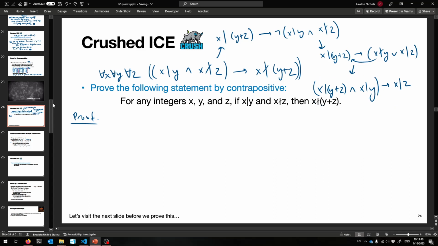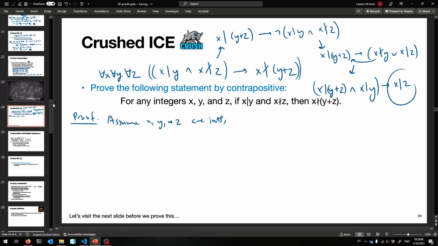Okay? So assume, let's get rid of the quantifiers. Assume x, y, and z are integers, because that's what they quantify over. And then we also assume some other things. We assume these hypotheses, right? Assume that x divides y plus z, and assume that x divides y.